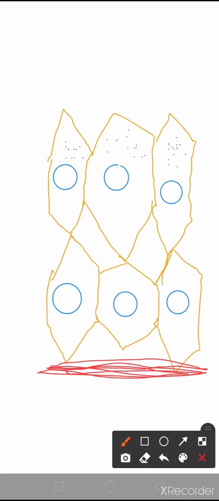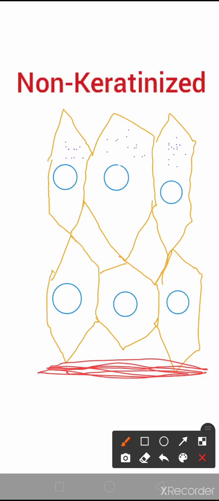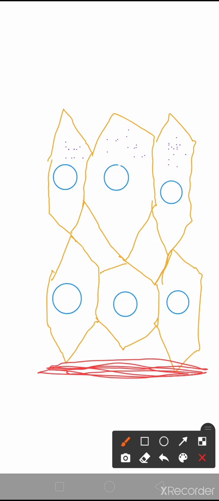And when the keratin is absent, it is known as non-keratinized squamous epithelial tissue, which is found in the foreskin of the penis, the vagina, some parts of the cervix, and the anus. So that is made up of compound non-keratinized squamous epithelial tissue.